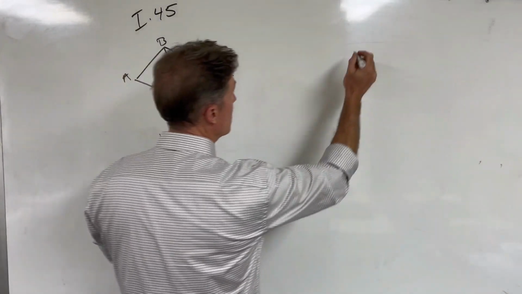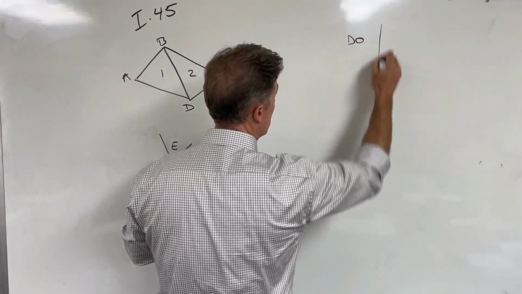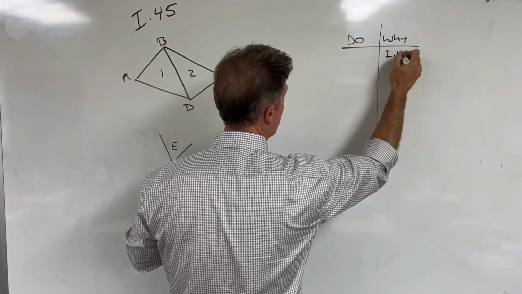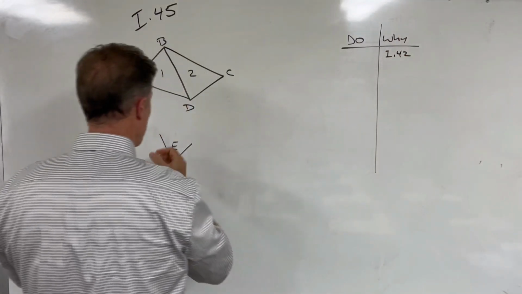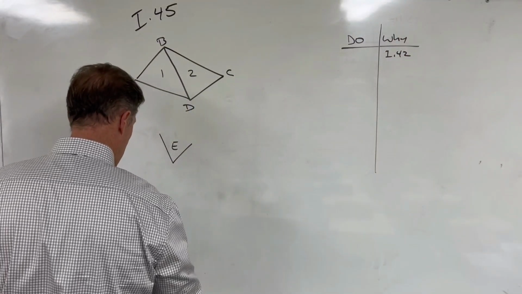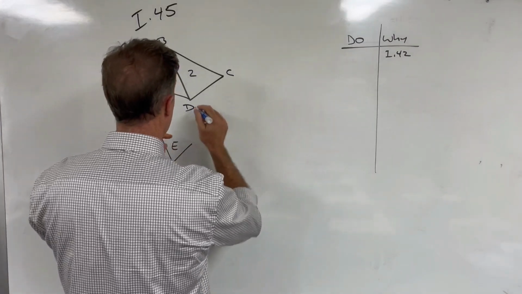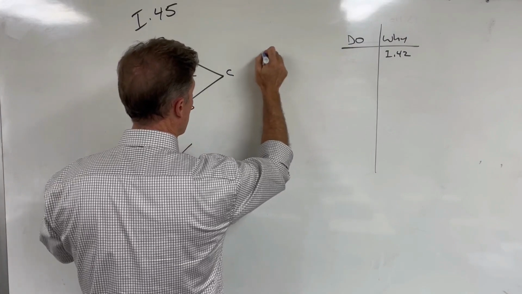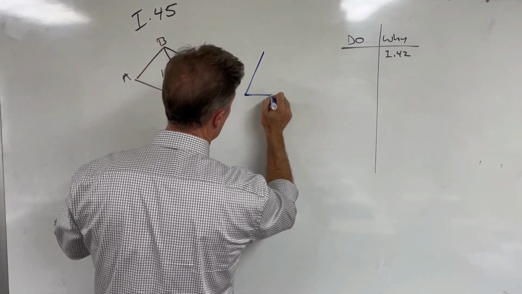So the first thing we're going to do, and this has got a lot of steps, so we're going to have to really keep track of everything here. We're going to use Prop 42. And Prop 42 allows us to construct a parallelogram using a given angle equal to a given triangle. So we're going to make parallelograms. Let's make a parallelogram here in blue.